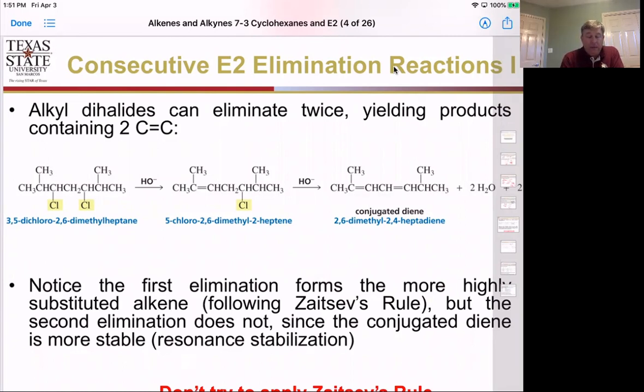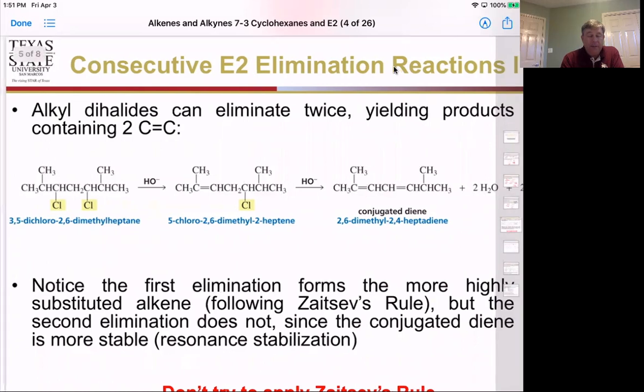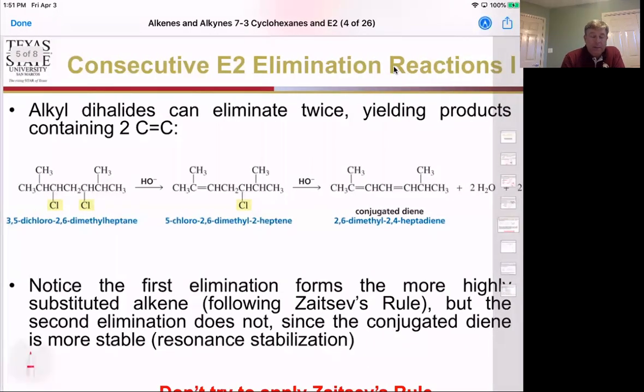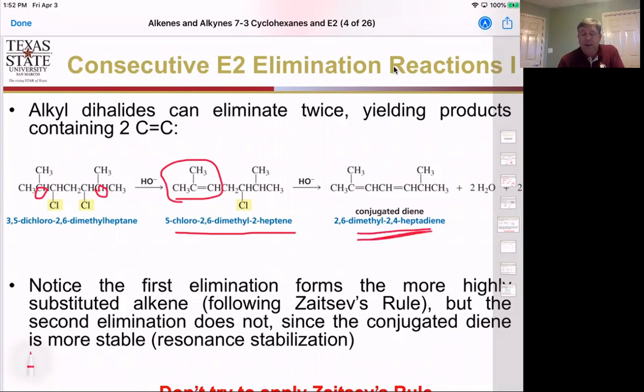So if either one of these eliminates first, the Zaitsev rule says that it's going to eliminate either with this carbon and hydrogen or this carbon and hydrogen. Once we do either one of those, we're going to end up with this as our intermediate here. Now, the good thing is that once we form this, because it formed the more stable tri-substituted alkene, we're going to break Zaitsev rule, but we're going to make it work as the conjugated alkene.